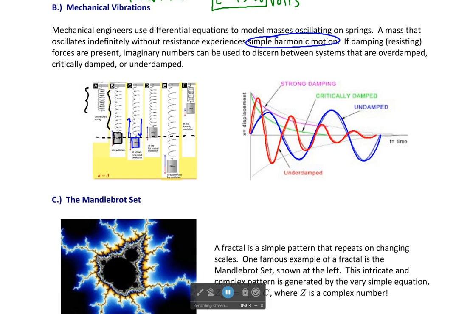An overdamped or strongly damped system is going to settle down very slowly to equilibrium position. A critically damped system means that it is going to gently settle down to equilibrium position without oscillation. So imaginary numbers are in the mathematics behind that mechanical system.